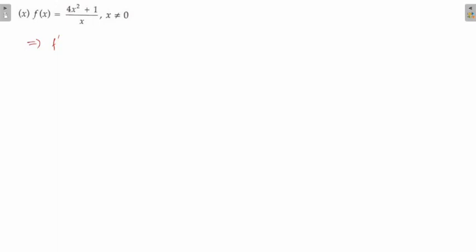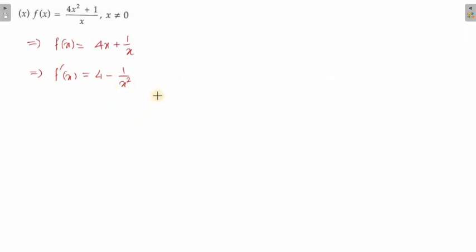Before we do that, I can write f of x as 4x plus 1 by x, isn't it? That will be better. Now find f dash of x. f dash of x will be 4 minus 1 by x square, isn't it? And you can factorize also.